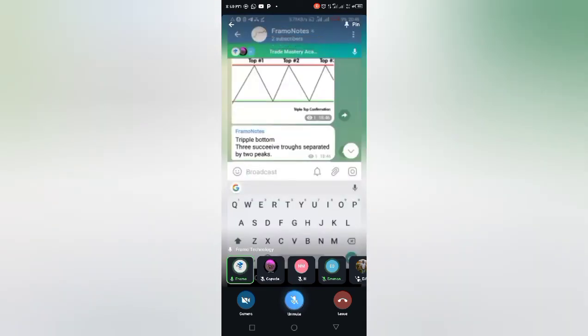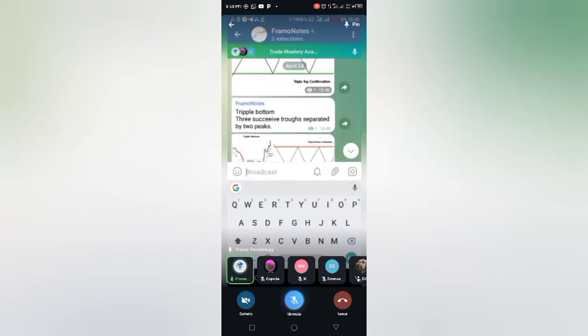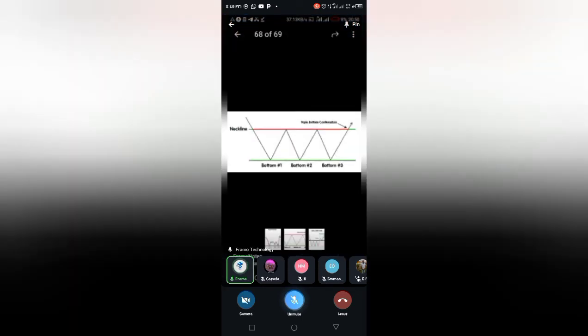Okay. So the opposite of the triple top is also the triple bottom. This time around, it occurs where the asset will be moving downward.